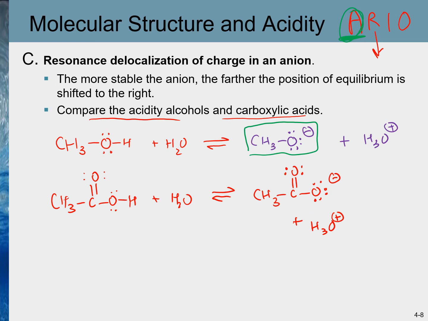We already established that there is no resonance in the case of the conjugate base from alcohol. However, in the case of carboxylic acid, it does have a contributing resonance structure, and we can write the resonance in the carboxylate ion as shown here.